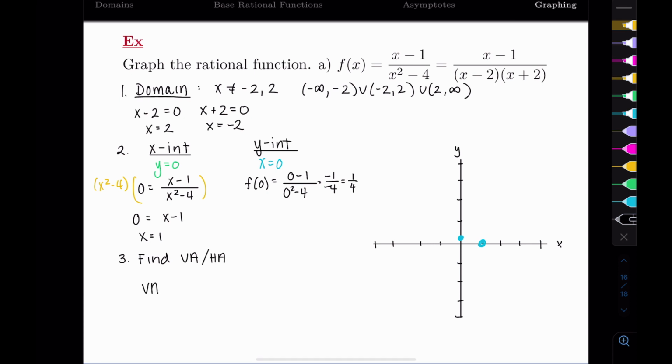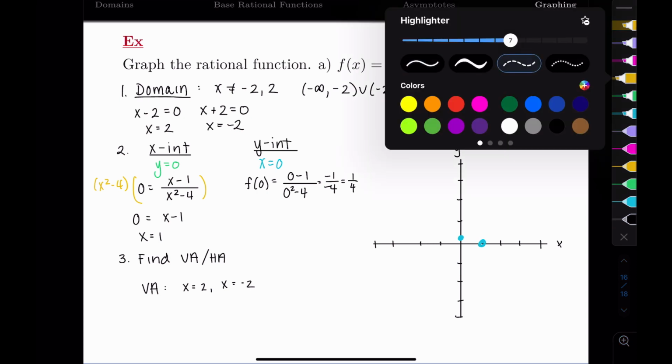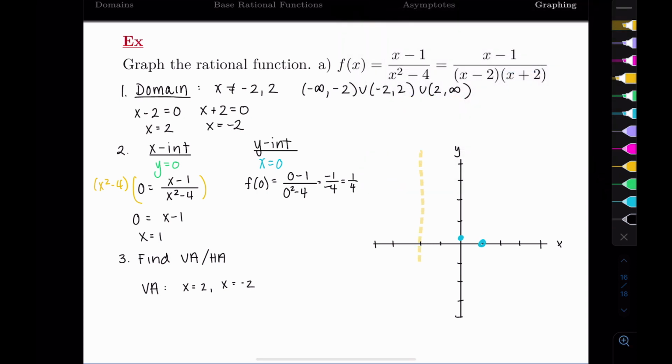So for our vertical asymptote, this thing doesn't simplify at all. We have two problematic numbers, 2 and negative 2. So our vertical asymptotes are exactly that, x equals 2 and x equals negative 2. So let's go ahead and use dotted lines for these. Here's one vertical asymptote. Here is our second.